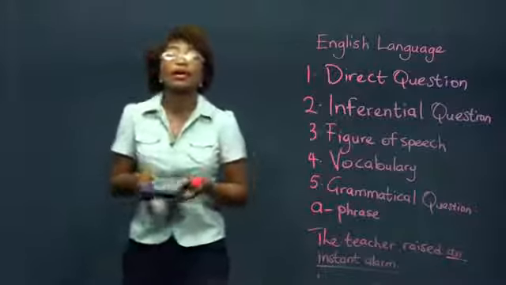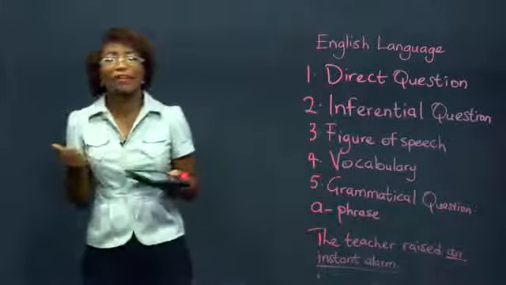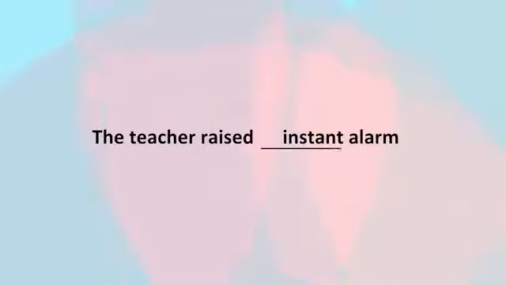This is also a noun phrase. Now, I'll try and find out what the head is. If I remove "an," what do I have left? Instant alarm. Do I still make sense? Yes. If I remove instant and I have alarm left, do I still make sense? Yes. A person can ask me a question and I can answer with alarm.